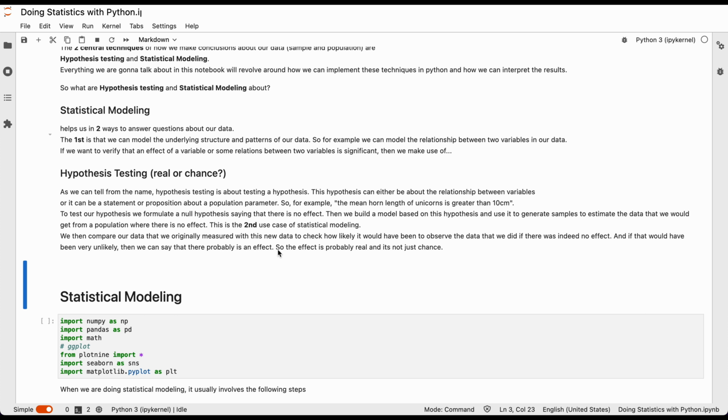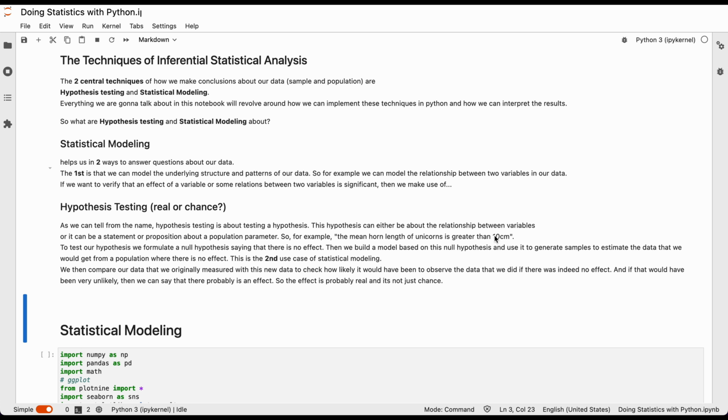Now to test this hypothesis, we formulate a null hypothesis, saying that there is no effect. Or in case of the unicorns, we would say that the mean horn length is 10 centimeters. Then in the next step, we build a model based on this null hypothesis and use it to generate samples to estimate the data that we would get from a population where there is no effect. And this is the second use case of statistical modeling.